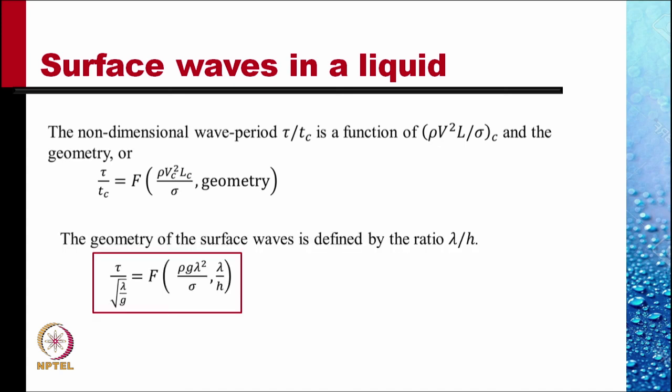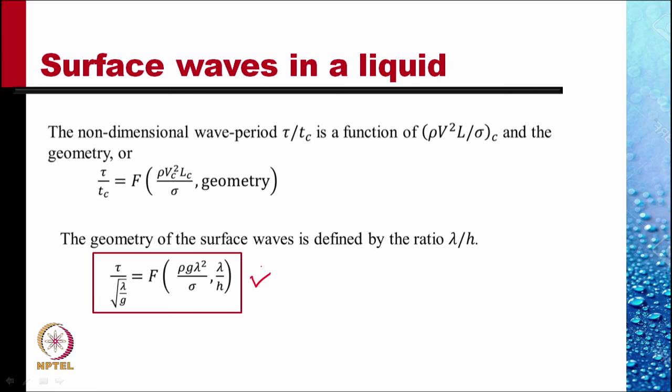The geometry of the surface wave is defined by the ratio lambda by h. So this is the final equation that we get for the non-dimensional wave period. A much simpler expression than we began with.